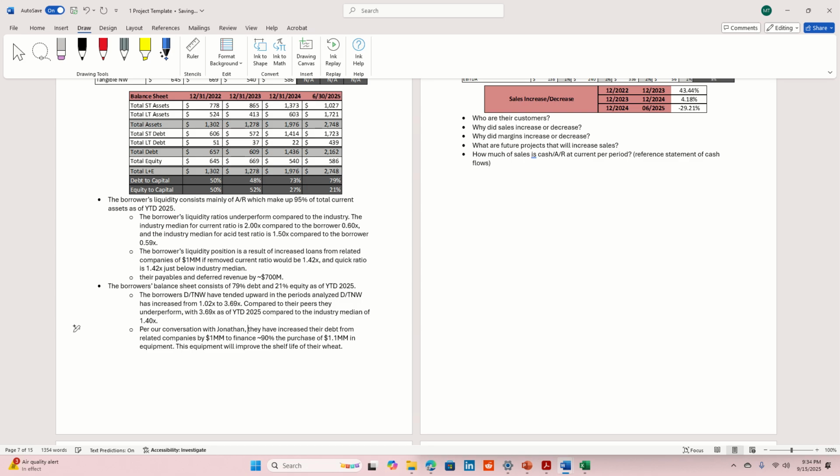as of year to date 2025, remember, they have agreed to subordinate this loan to Texas. Remember, you guys work for Texas Southern Capital Bank right now. Texas Southern Capital Bank, which will improve their debt to tangible net worth position.